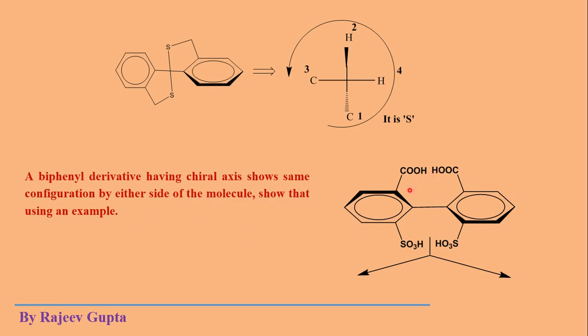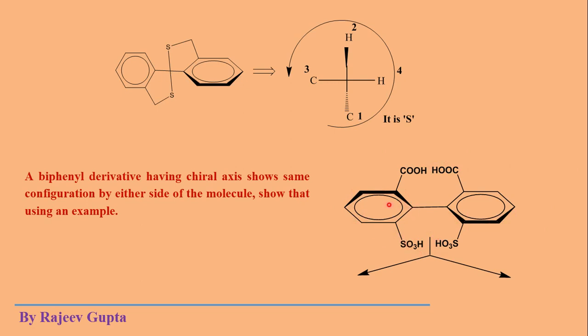It is shown in this example. It's a biphenyl derivative where carboxylic and sulfonic groups are present. Okay, this structure is non-planar. Remember that a plane of symmetry and a center of symmetry are not present in this molecule, so this molecule is chiral.